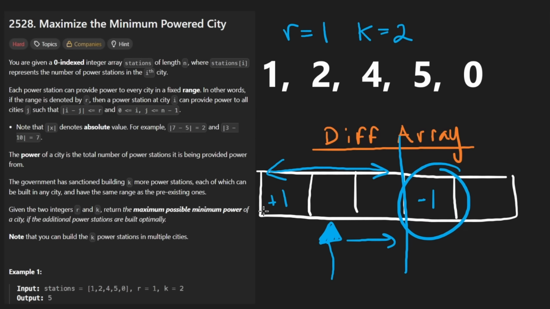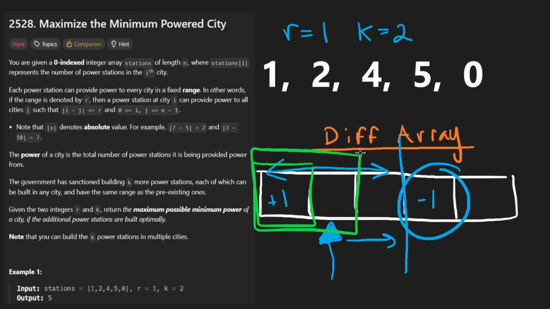And now the idea is that, assuming all of these are accurate, we only populated one of them, a +1 here and a -1 here, but if all of these differences were accurate, every time we increase the power, there's a plus value. Every time we decrease the power, there's a negative value. Well, then this prefix should tell us all of the powers that apply to this spot.